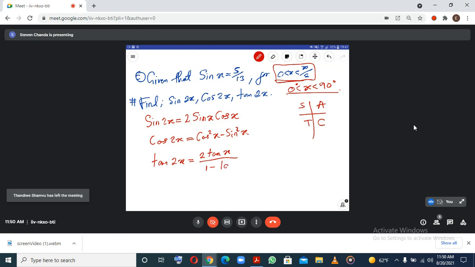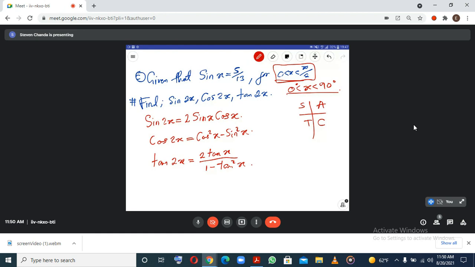The reason I've written this is so that you can see that for us to answer these questions, we have to find the values for the other things, for cos, for tan.